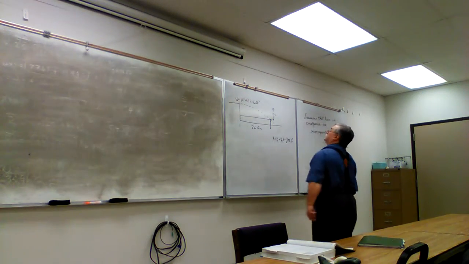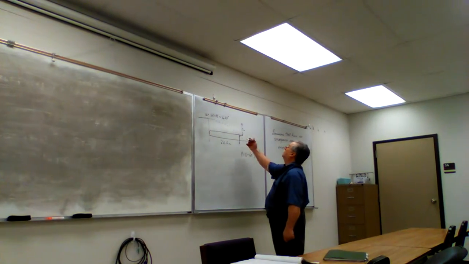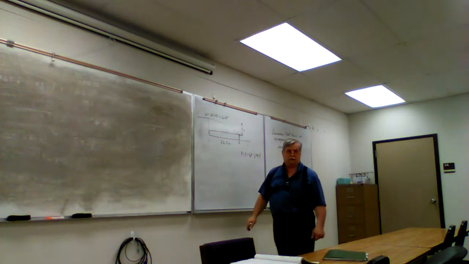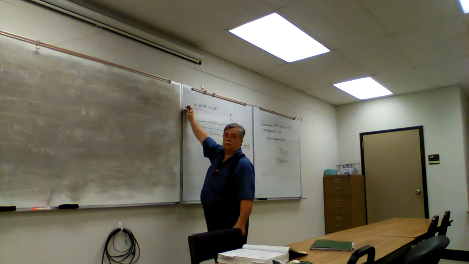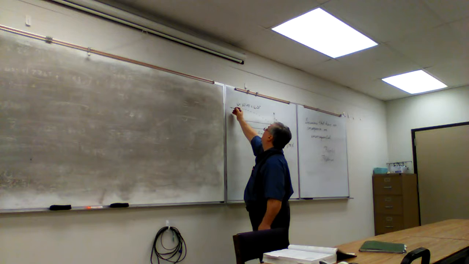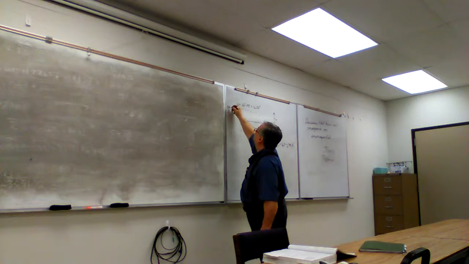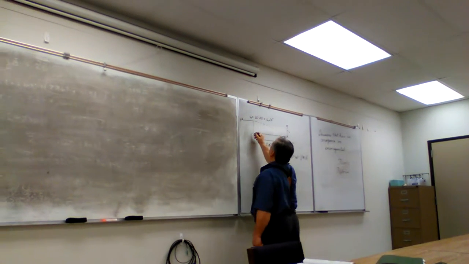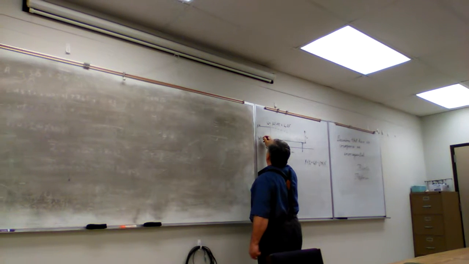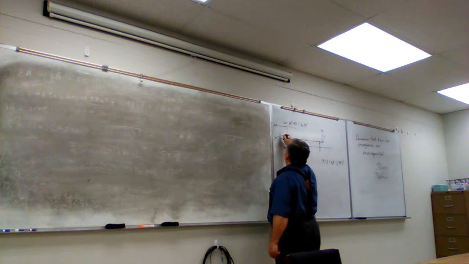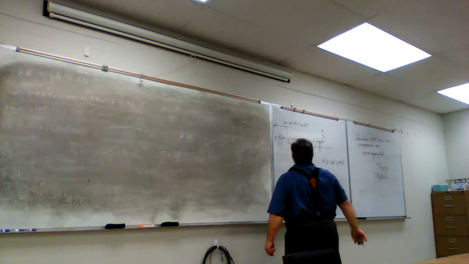Okay, well, where do we want to call y equals 0? Up here at the starting point, we'll call this y equals 0. That makes this y equals what? Minus 1.5 meters.